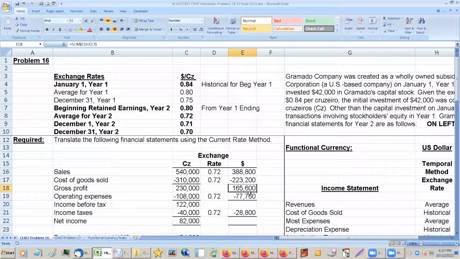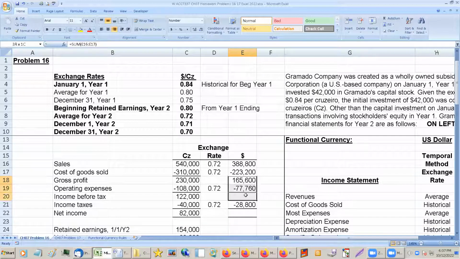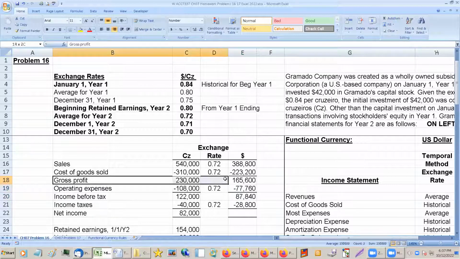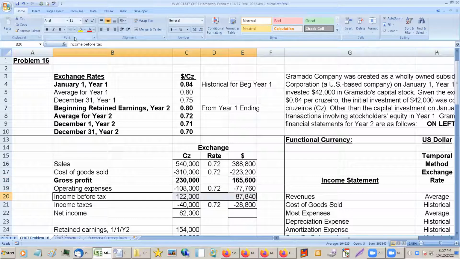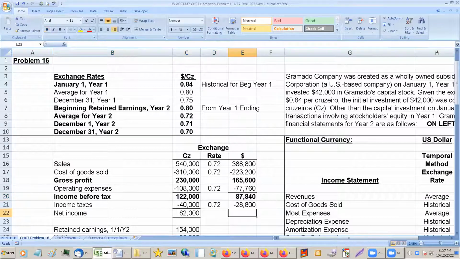So this will be our gross profit. It'll be our income before taxes. And I don't know why I'm doing that yet. You can just sum it.